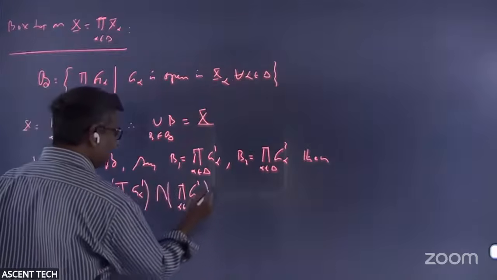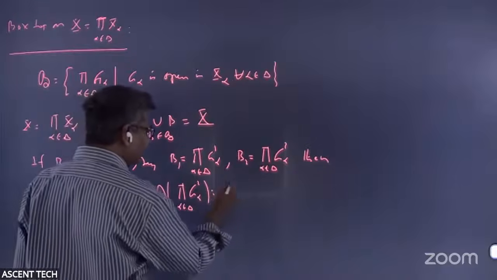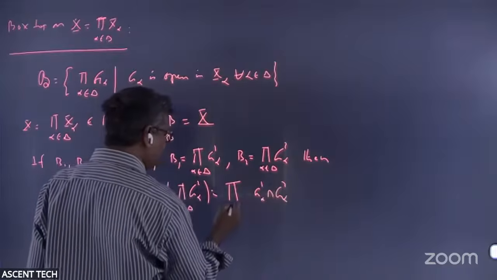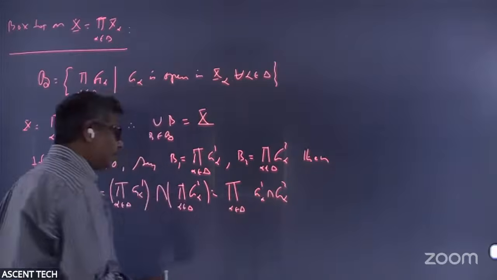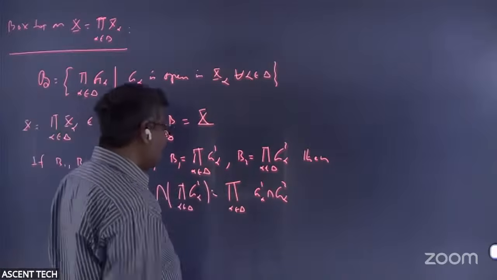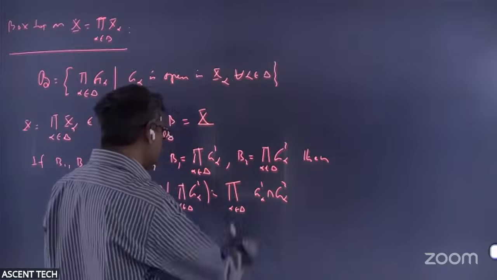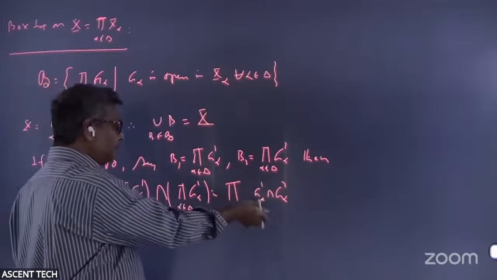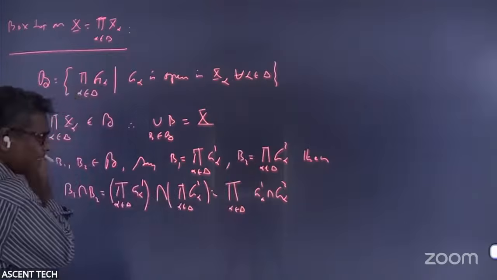But you know very well this is nothing but the product of G alpha 1 intersection G alpha 2, alpha in delta. That means it is itself open, because G alpha 1 and G alpha 2 are open sets in G alpha, so their intersection is also an open set in G alpha. Both of them are full spaces, the intersection is all.